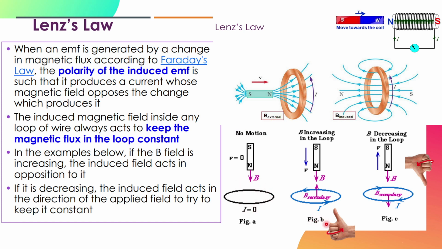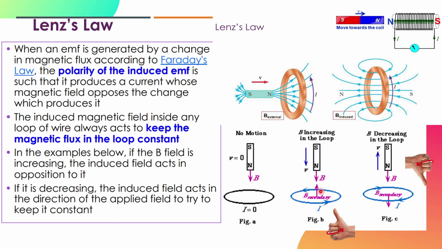Alright, okay, for figure B, so what happens when this bar magnet moves closer to this loop? Okay, so that means the magnetic field in the loop will increase. Okay, bar magnet tadi dia sendiri ada magnetic field, right? But the loop of wire always acts to keep the magnetic flux in the loop constant.